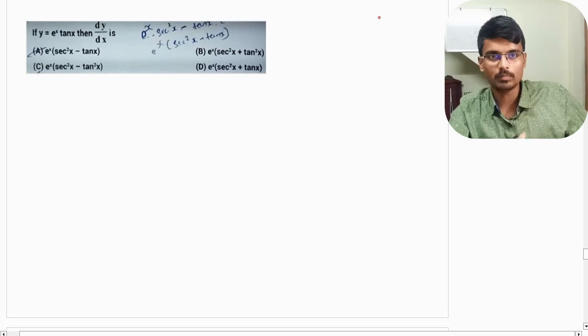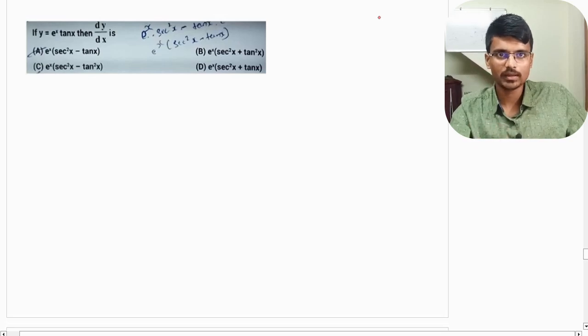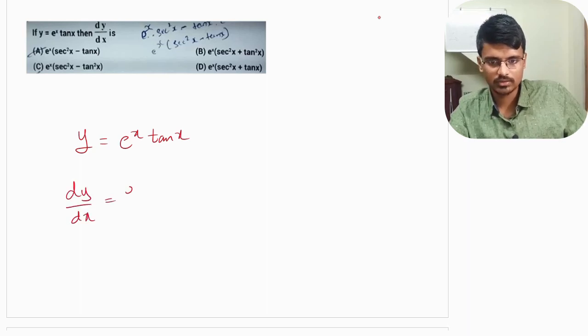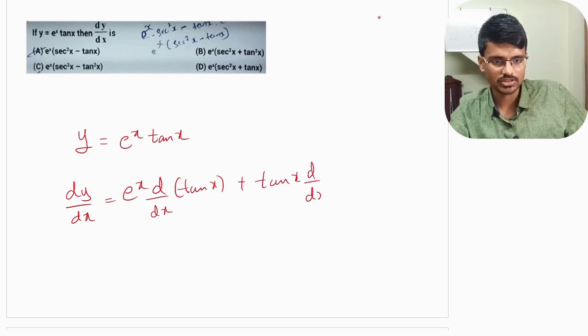So here, tell me which rule I need to apply. I think most of you have got this. We have to apply the product rule here. y is equal to e power x tan x. So I have to apply the product rule here. dy by dx: first function, differentiation of second function, plus second function, differentiation of the first function. You can do anything, any order is fine.